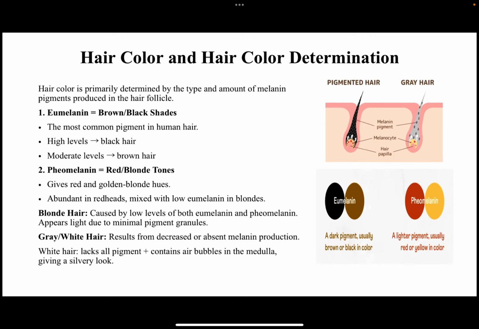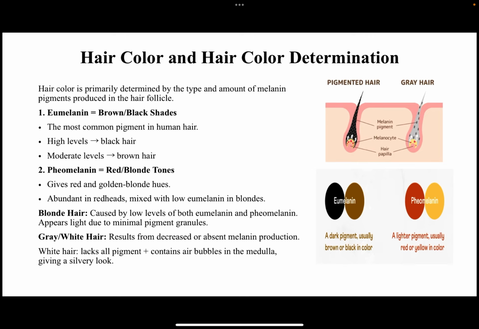Because if you have eumelanin within your hair follicle, your hair color would appear brown or black.